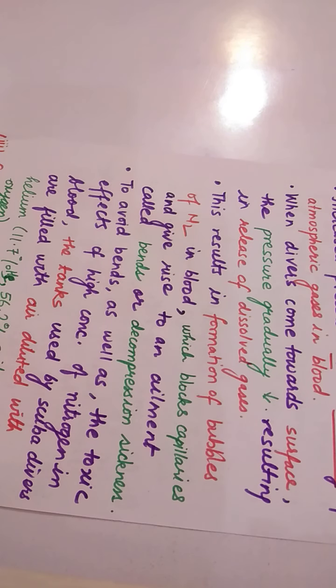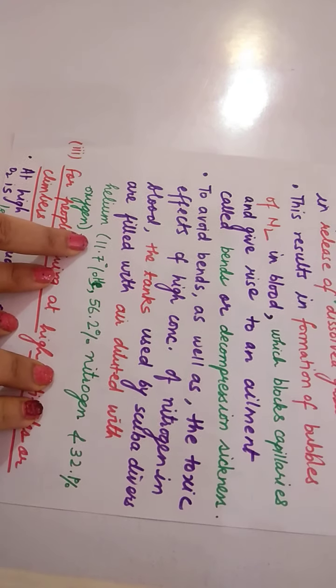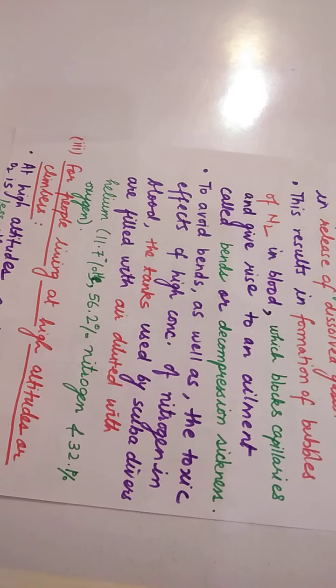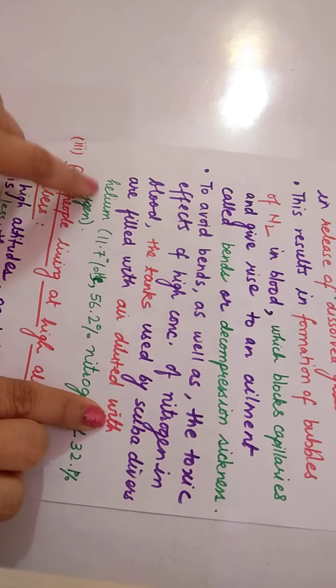You have seen that these scuba divers take tanks on their back. The tanks are filled with air diluted with helium. You think that tanks carry only oxygen, but they are filled with other gases also. The tank that scuba divers carry will have air diluted with helium.